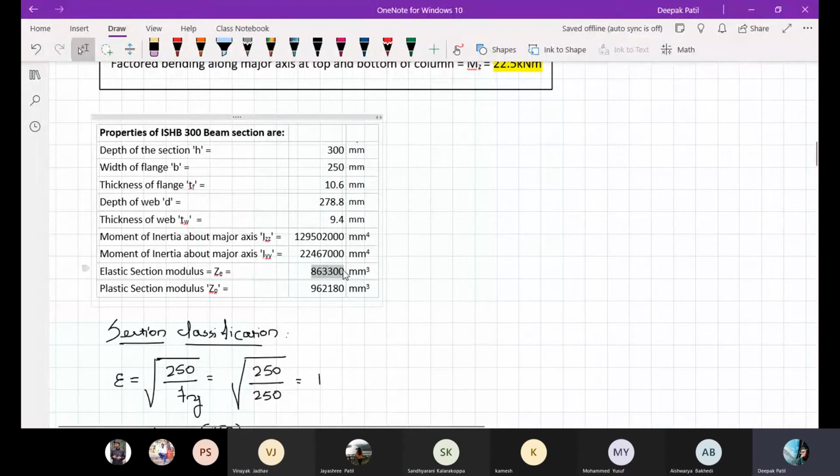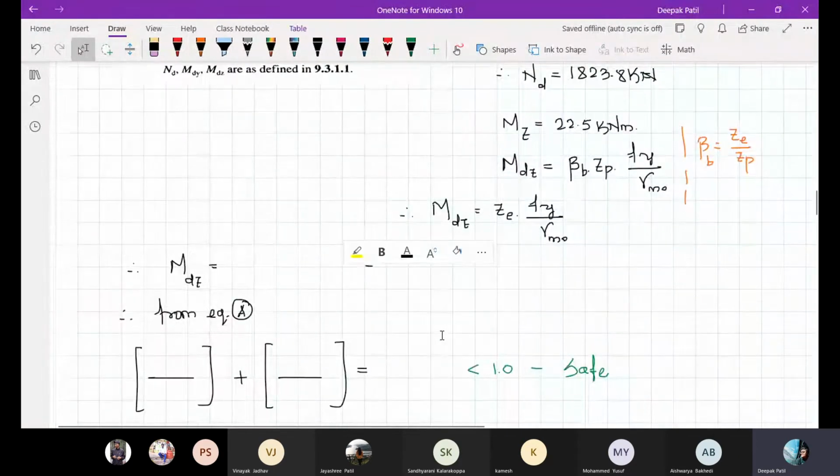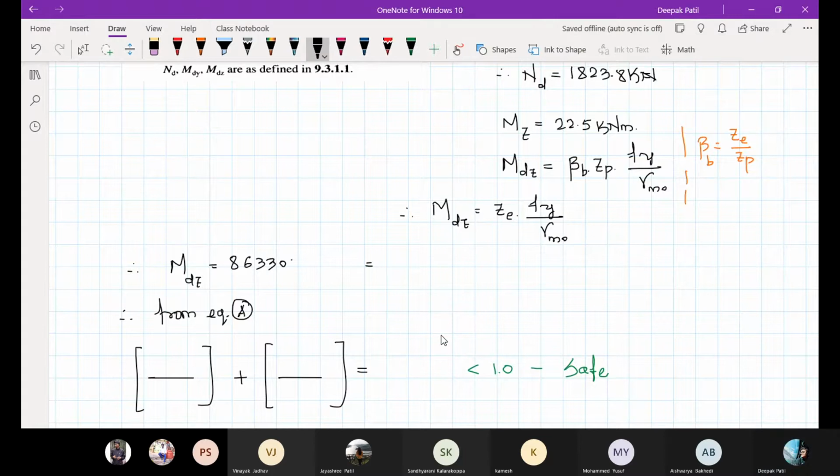I have to substitute that here: ZEZ 863300 multiplied by fy of 250 and gamma m0 of 1.1. So that comes out to be 196.2 kilonewton meter.